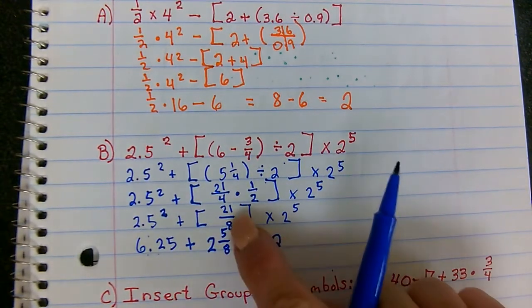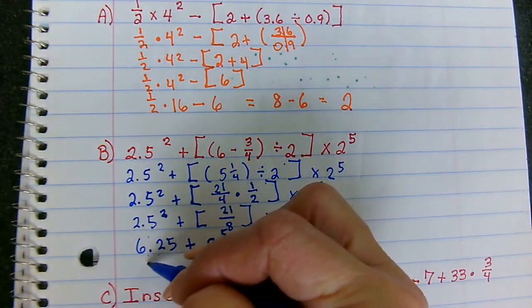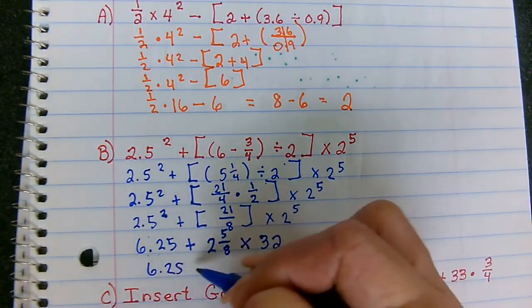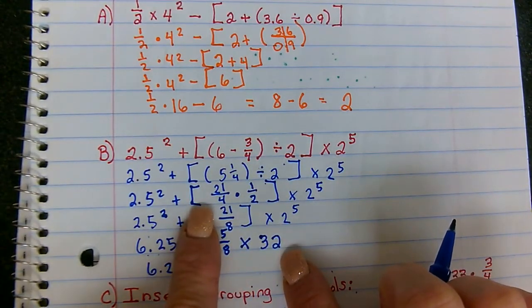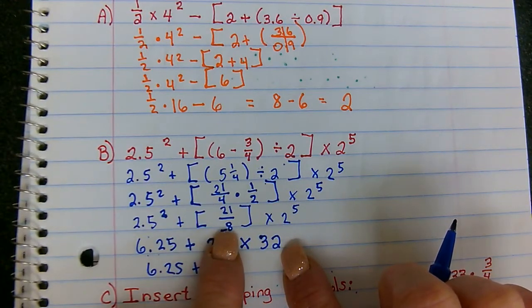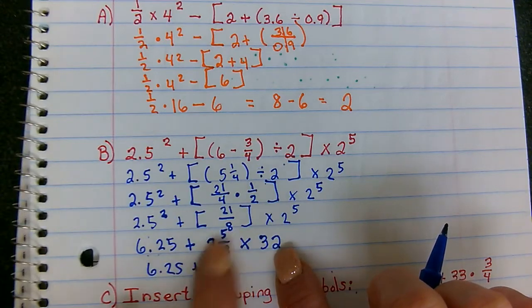Now I could have actually kept this way if I wanted, but I didn't yet. So let's bring down 6.25 plus, now let's multiply these two together. I could actually have kept it at 21 over 8 if I'd chosen, because let's see here, 8 will go into 32 4 times.